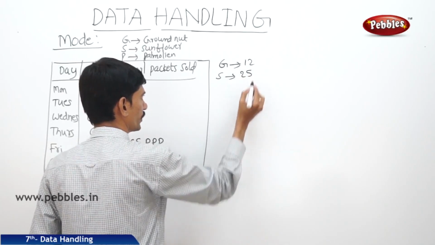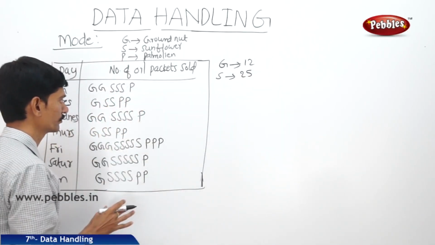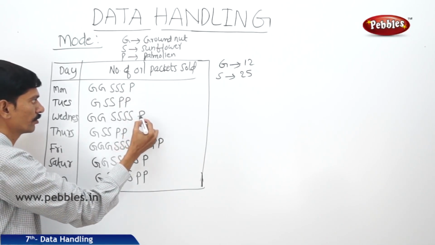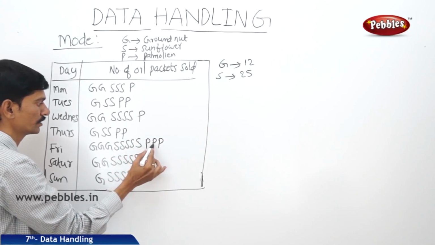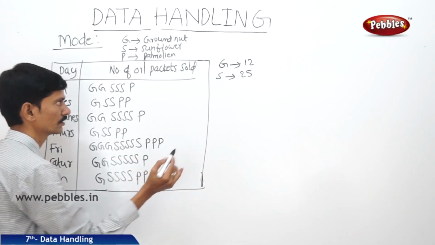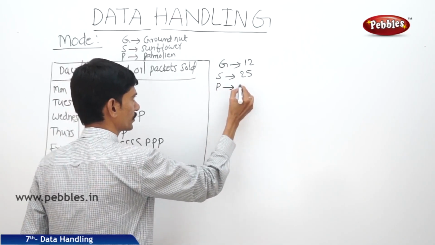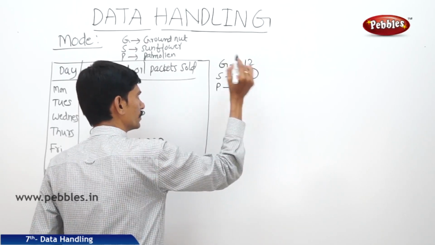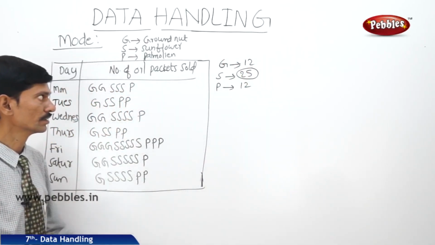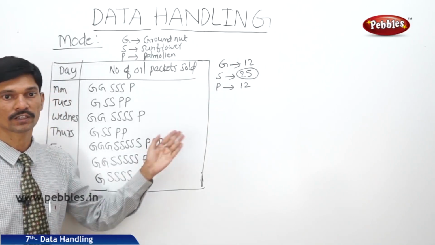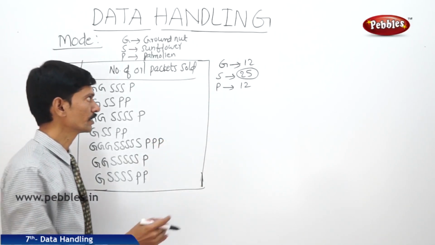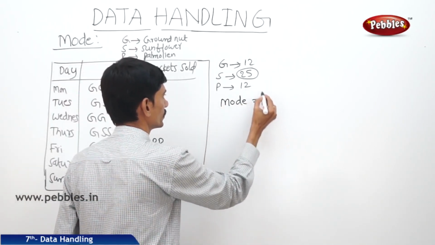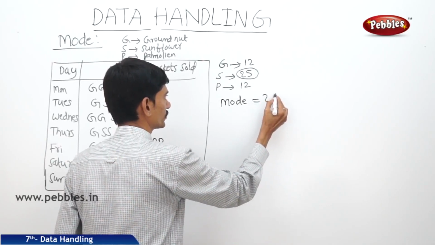So there are 25 packets of sunflower sold in the last week. Palm oil packets: 1 to 12. So palm oil packets are also 12, but he sold more sunflower oil packets, so he has to stock the sunflower oil packets for the subsequent week. So the mode of the observations is 25, that is sunflower.